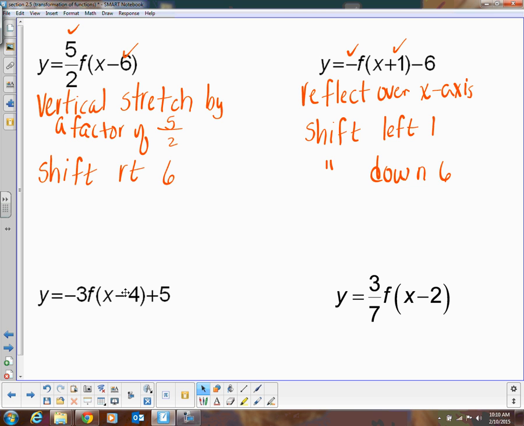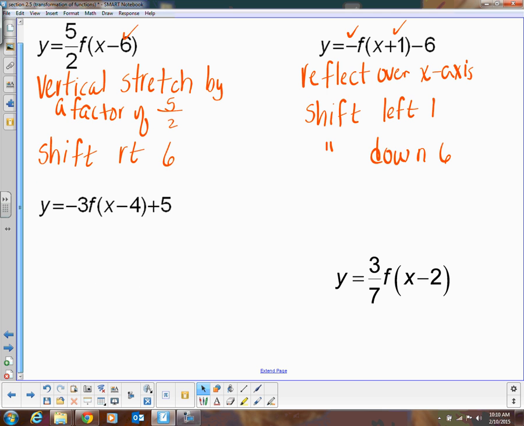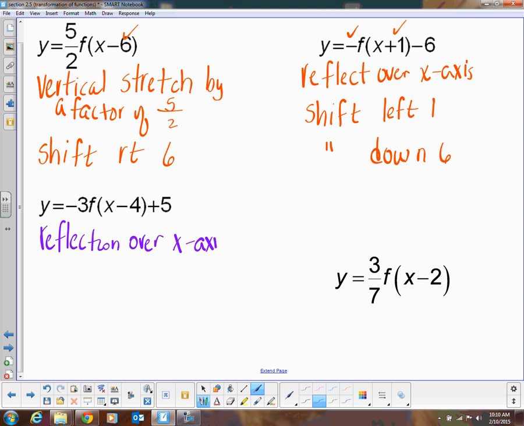Okay, so what about this one? We're growing here. So what kind of flip? It's a reflection over x-axis. What kind of stretch? Stretch won't do it. It's a vertical stretch. Factor of. Okay. Then what?